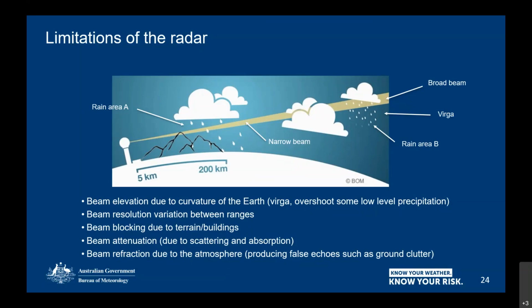And so we are going to have a weaker signal return than perhaps if there was nothing in its way. And also just due to refraction. So we were just talking then about our atmosphere, how it bends that beam, and under certain circumstances, that can actually bend the beam down towards the ground, and that actually produces false echoes, such as something we call ground clutter.